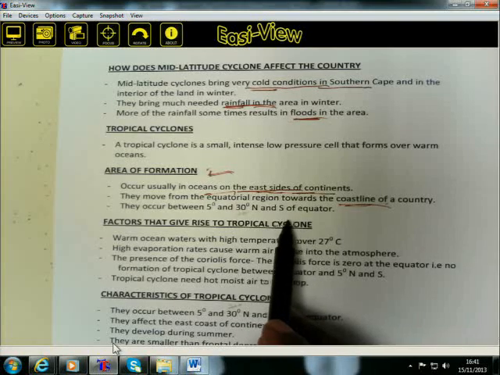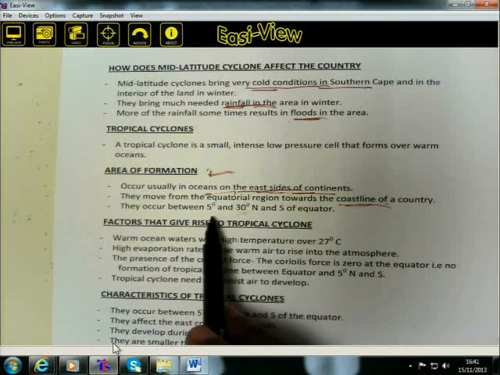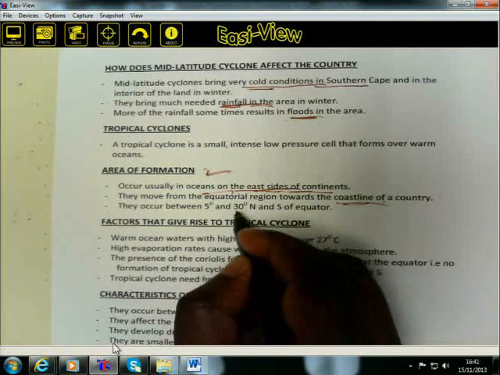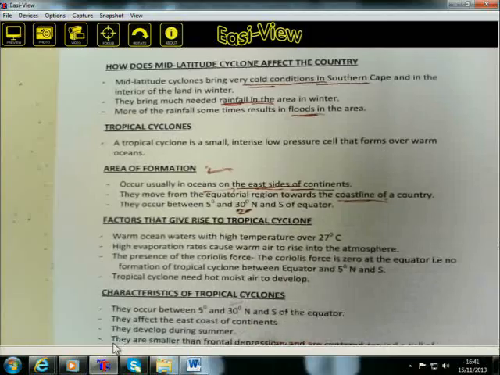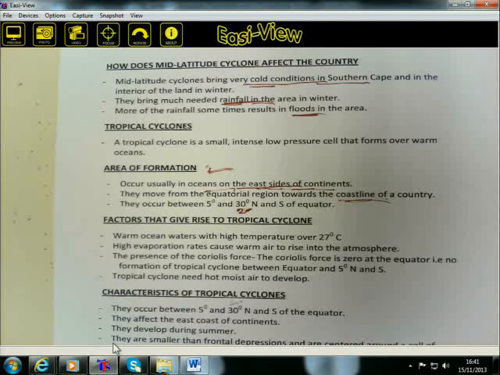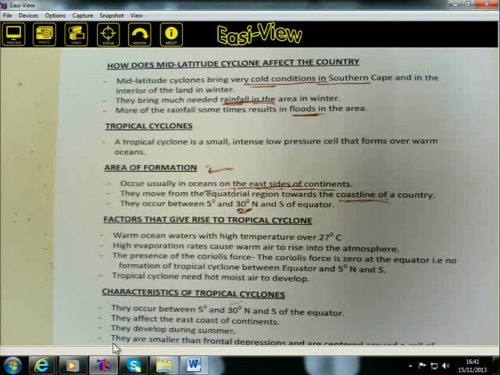Some books say they occur between 5 degrees and 20 degrees north and south of the equator. That is the area of formation.